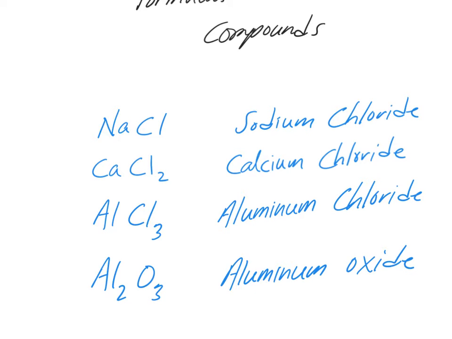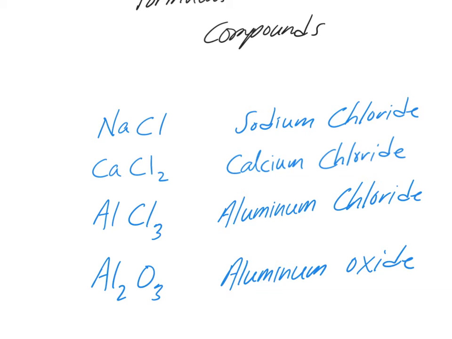And again, for aluminum chloride, there's only one way that aluminum ions and chloride ions can come together. It's a 1-to-3 ratio. Same goes for aluminum oxide. You have aluminum ions coming together with oxygen ions, oxide ions. It can only happen in a 2-to-3 ratio.